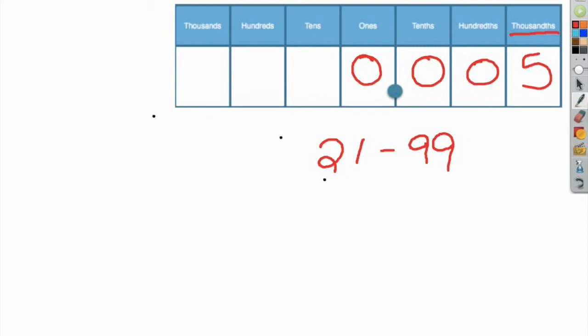So on your desk right now, I want you to take the number I have written in the place value chart, and I want you to write it in word form. Okay, the only time you hyphenate a number is when you say the numbers 21 through 99.